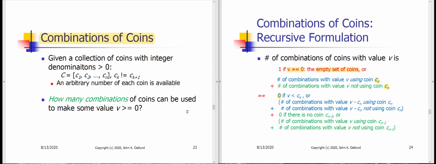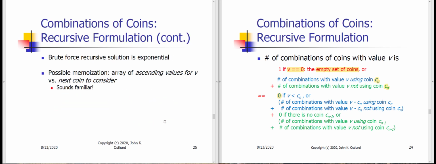Okay, so now we can actually use this to write some code, which you will have to do, and we end up with, once again, an array in essentially the same dimensions as the minimum number of coins problem. That is, we're going to have ascending values of v for our columns, and the next coin to consider for our rows, and we're going to fill that in starting from just one coin.